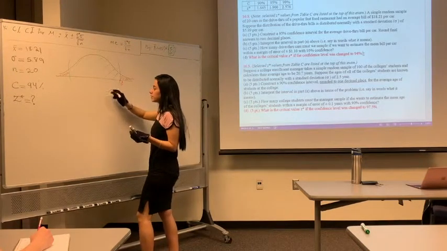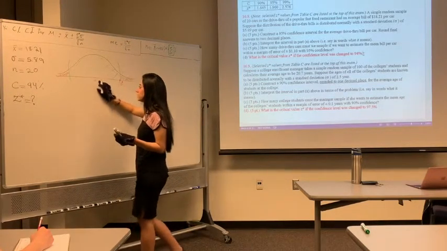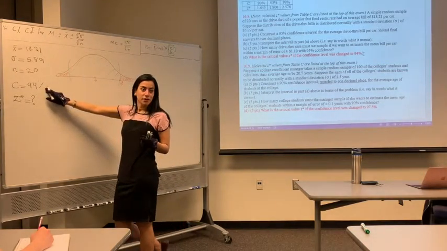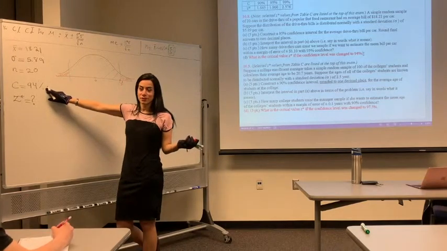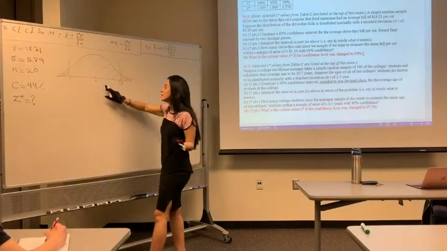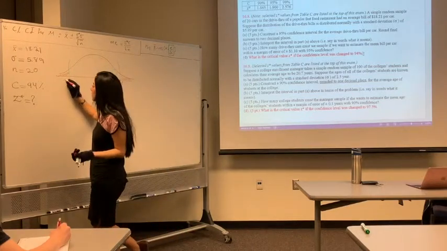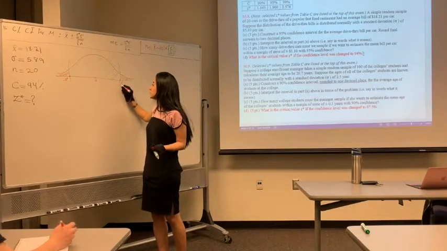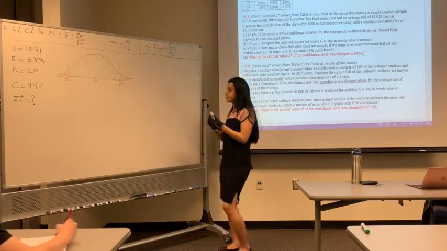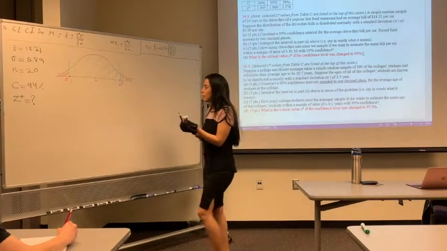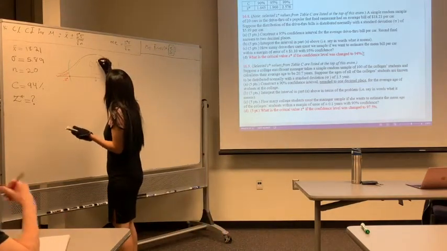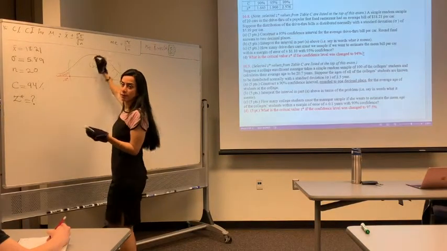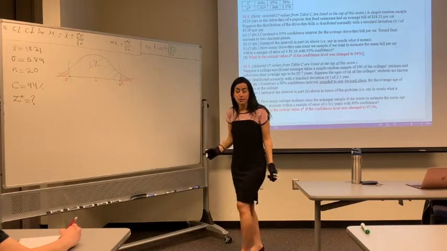And if this is symmetric, whatever Z we have on this side, we will have the exact same Z on the other side, but the sign is different. These are all negative, these are all positive. So let's write down this one is negative Z star, correct? Because this one is positive. And this is C% probability. So all the area between these two lines is C% probability.